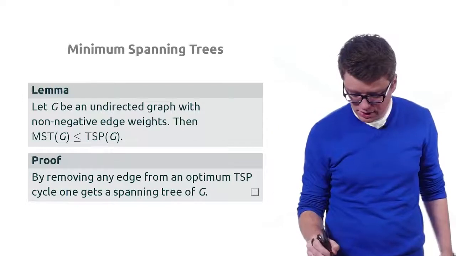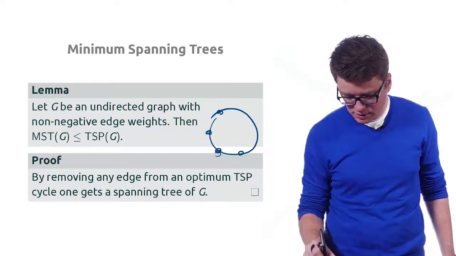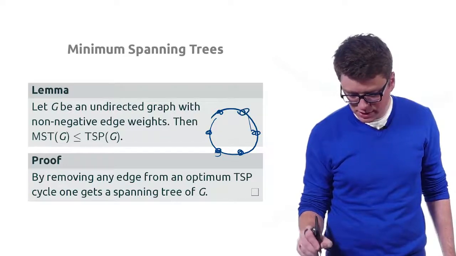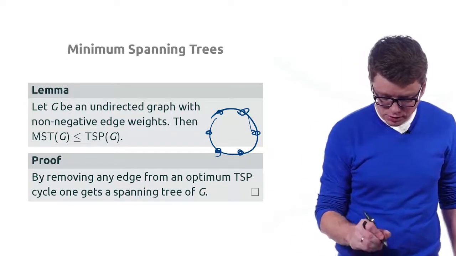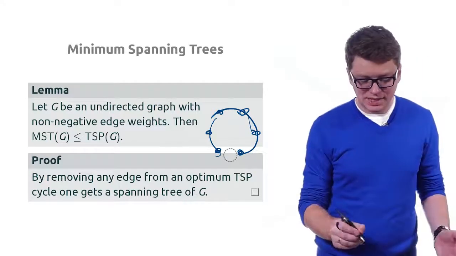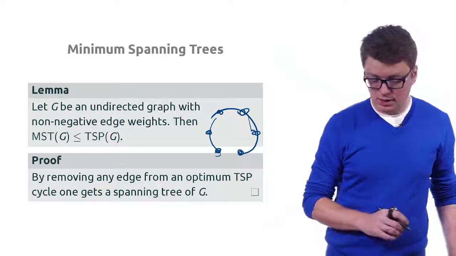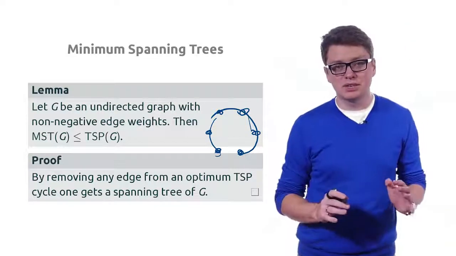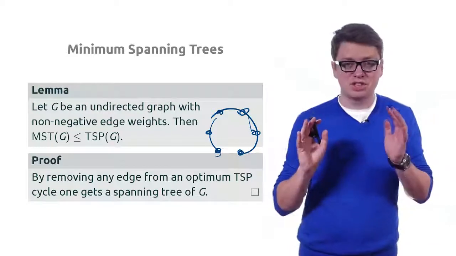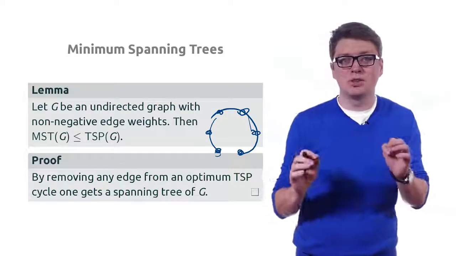If we consider an optimal cycle in this graph, it looks somehow like this, and then we remove some edge from it, for example this one, then what is left is actually some spanning tree in this graph. Why is it a tree? Well, it is just a path, and a path is a special case of a tree. This is just a non-branching tree.